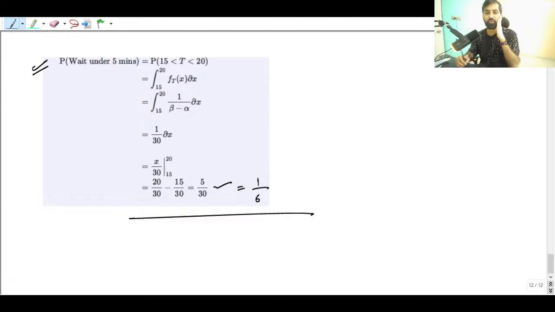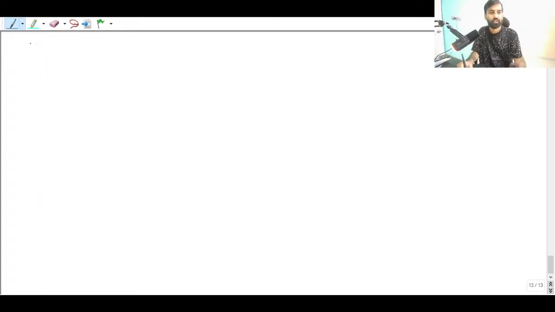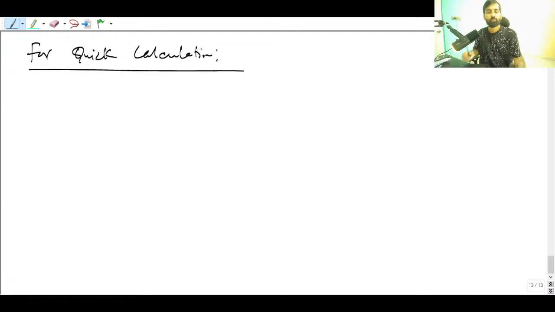So you can also come up with the closed form. जब इस तरह का सिचुएशन होगा ना, तो आप लोग क्लोज फॉर्म याद रखिए. Between a to b, अगर आपको प्रोबेबिलिटी निकालना है, for quick calculation you can say, suppose a uniform density function is given, you don't have to compute the integration.